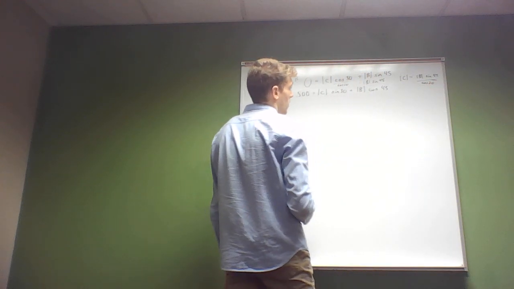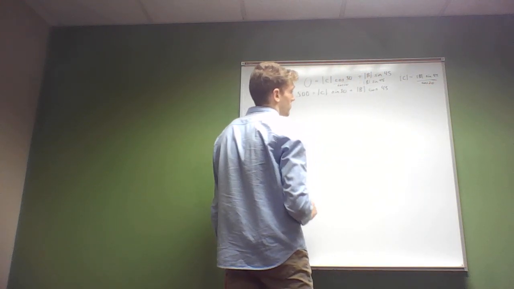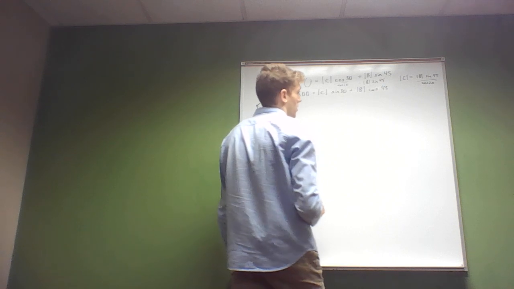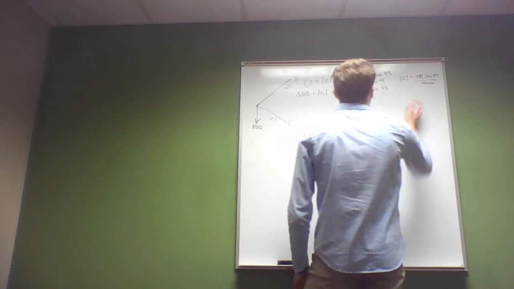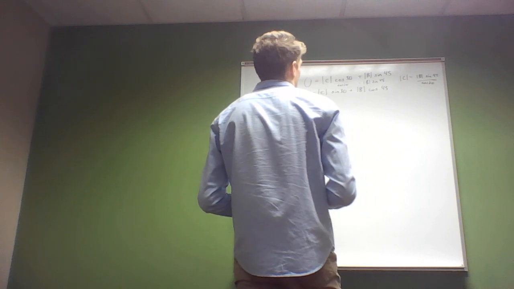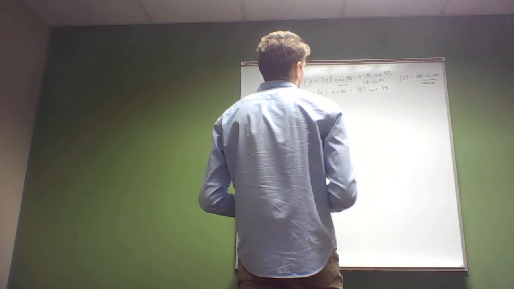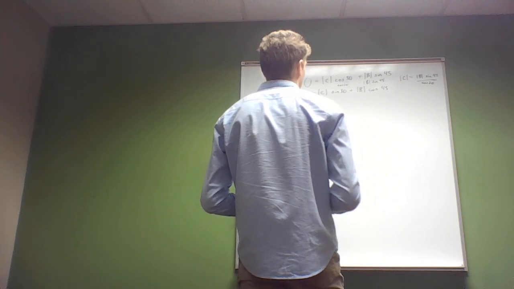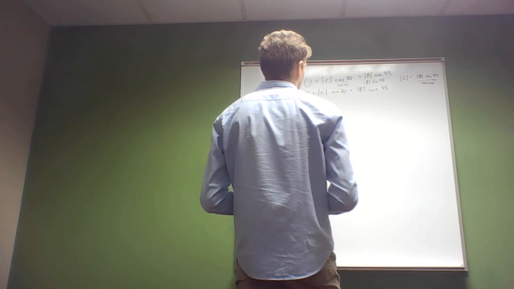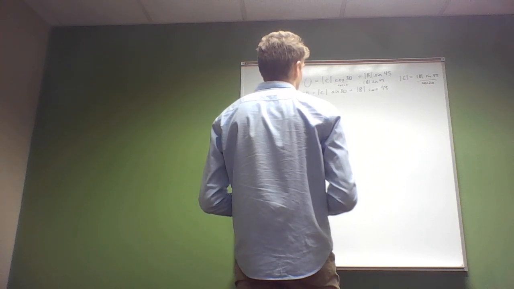Would it be negative magnitude B sine of 45, if you bring it over to the other side by subtraction? I don't remember if that mattered or not. I'm going to ignore that for now, because I don't think it matters.